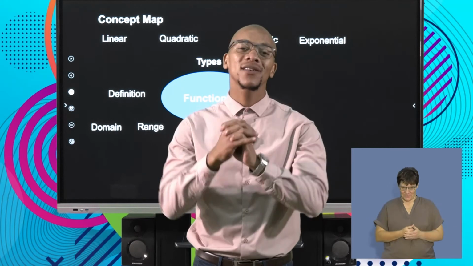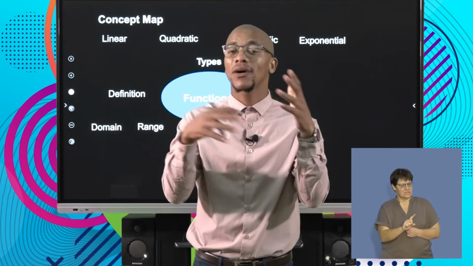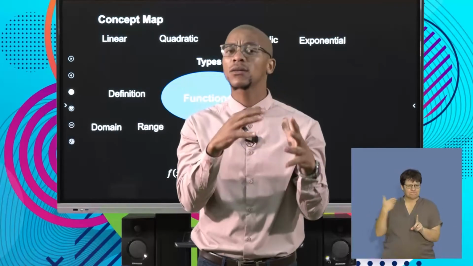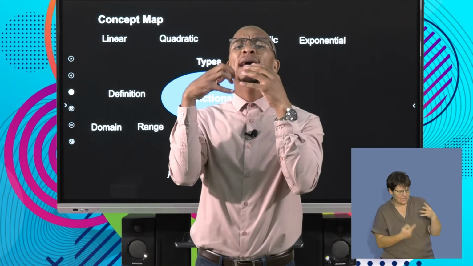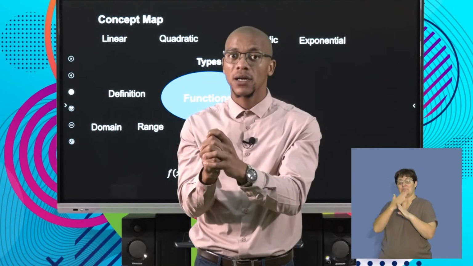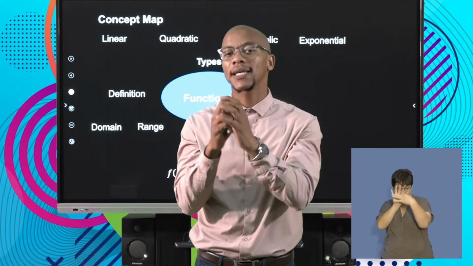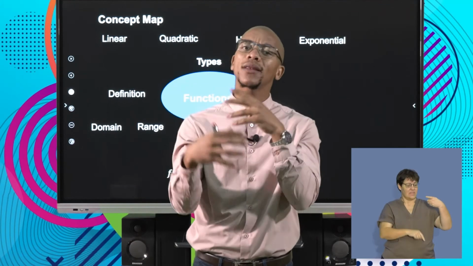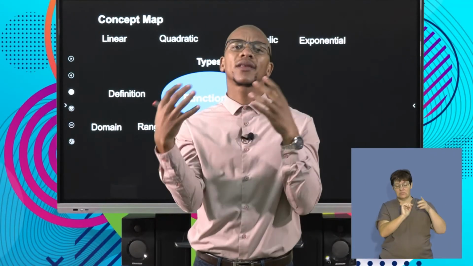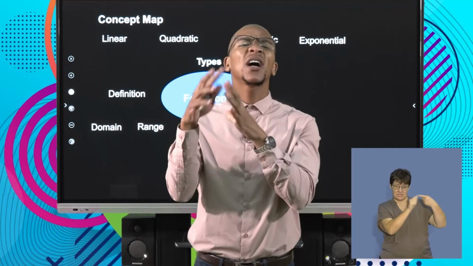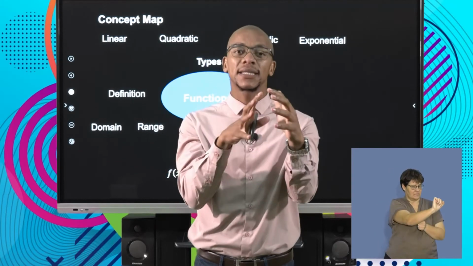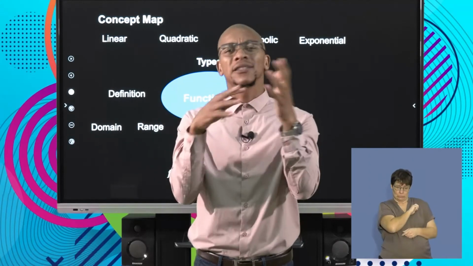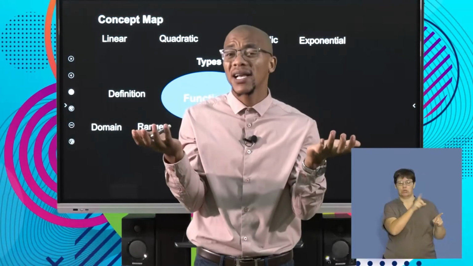Hi guys, welcome back. So now we are going to look at, as we've been looking at the definitions and all of that, now we're going to make it function specific, right? Focus, where we look at the very first type of function, which we call a linear function. And then we're going to look at all the features that have to do with a linear function and see how we actually calculate them as well.